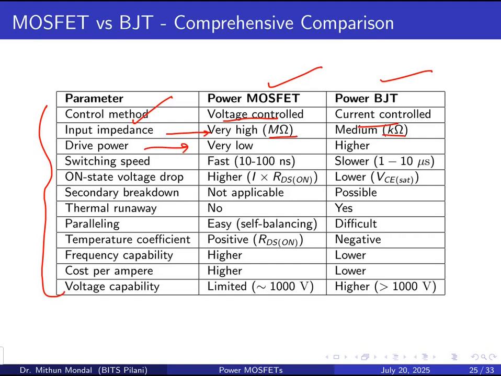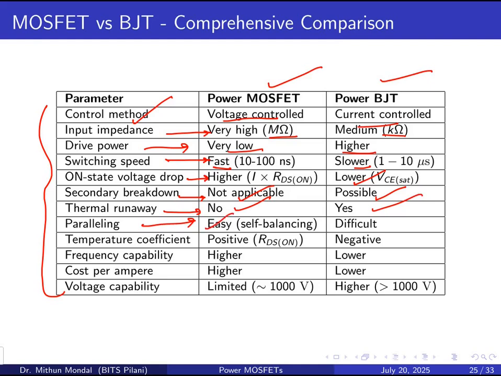Drive power is very low in MOSFET, whereas it is high in BJTs. Switching speed is fast in MOSFET, whereas it is slower in BJTs. On-state voltage drop is higher in MOSFET and lower in BJT. Secondary breakdown is not applicable in MOSFET, but it is possible in BJT. Thermal runaway, there is no thermal runaway for MOSFET. Yes, we have thermal runaway for BJT.